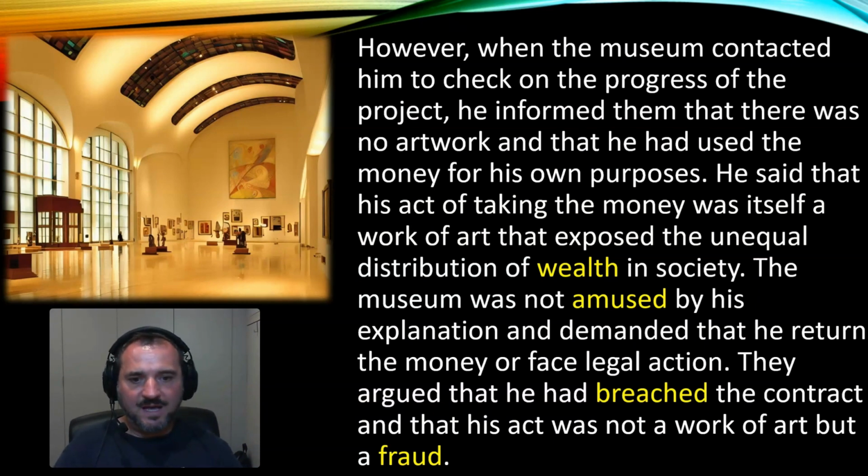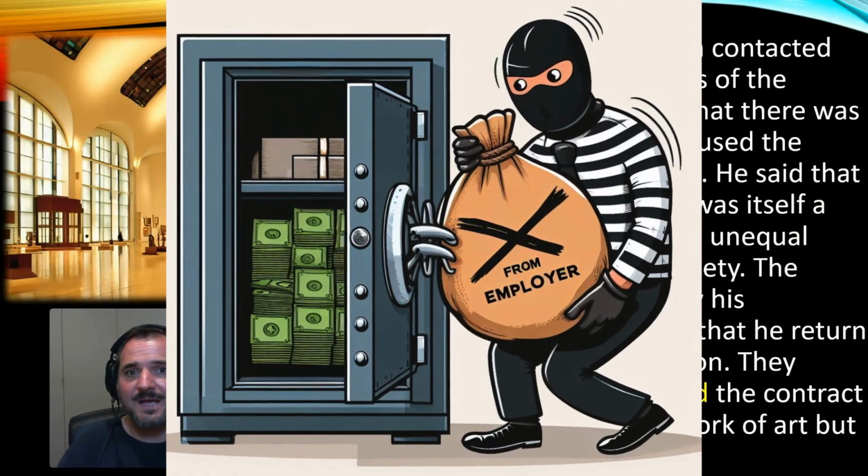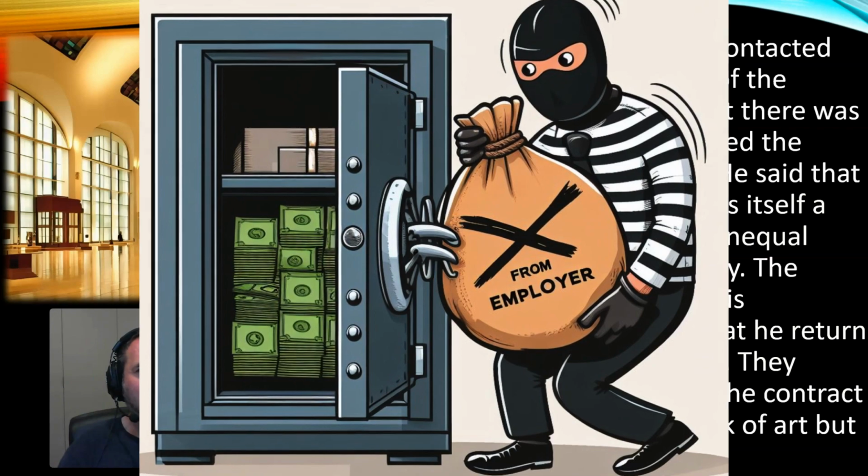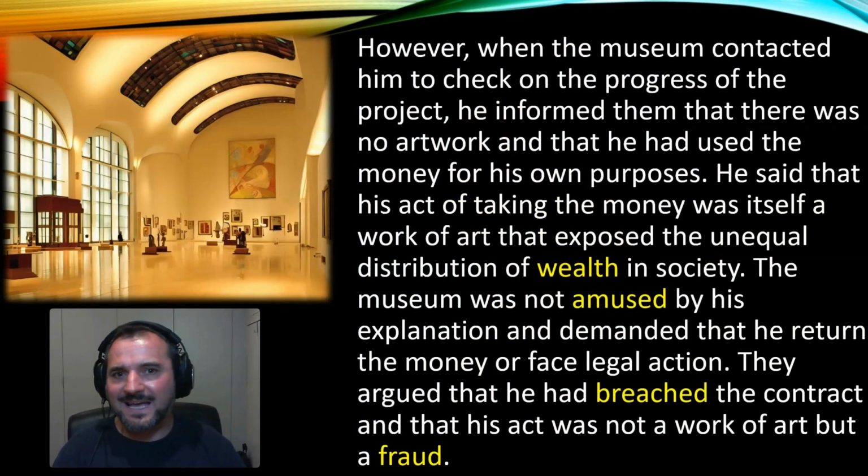So the last word we have here is the noun fraud. And if we talk about fraud, we're essentially talking about a kind of crime, usually a financial crime. So it involves money. There is some element of dishonesty here. If somebody's stealing money from their employer, perhaps, or if they are changing the numbers of the accounts in a way that deceives the government or the authorities, then that also would be a fraud.